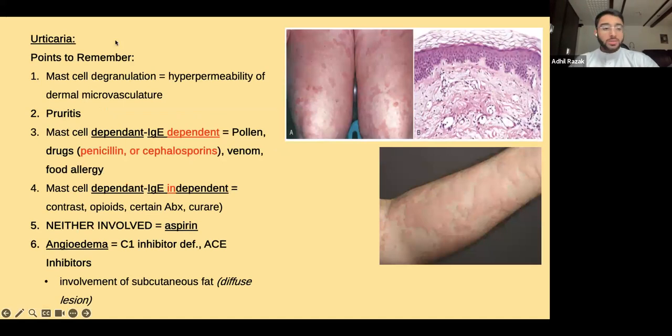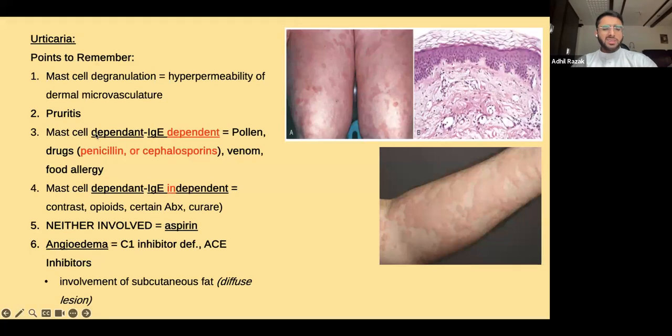It looks something like this. The most important thing is that it is mast cell degranulation, which causes hyperpermeability of the dermal microvasculature, as I mentioned earlier. And pruritus, or itchiness, pretty much gives it away that this is what's happening with this patient. Although pruritus is obviously associated with other conditions, a patient who recently took penicillin or cephalosporin and suddenly starts itching has urticaria.